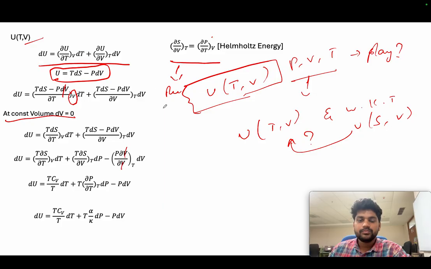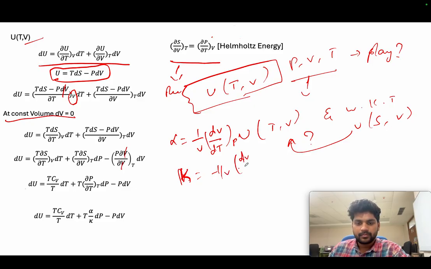Here you know alpha equals 1 by v dv by dt, as we discussed just now, and k is the compressibility. Some papers write alpha and somebody writes beta, both are the same. Now if I take alpha by k, it will be dp by dt. So dp by dt becomes alpha by k, and this is the formula.